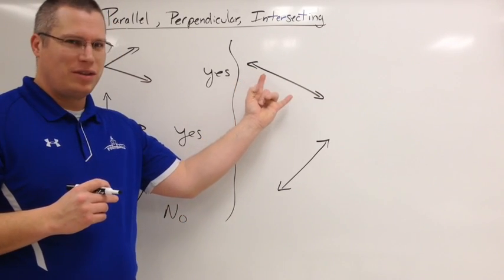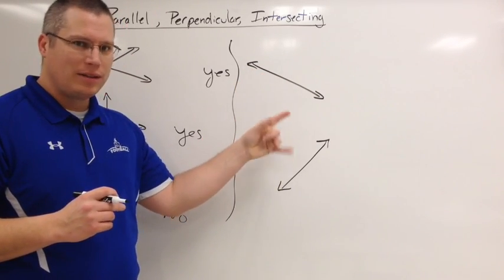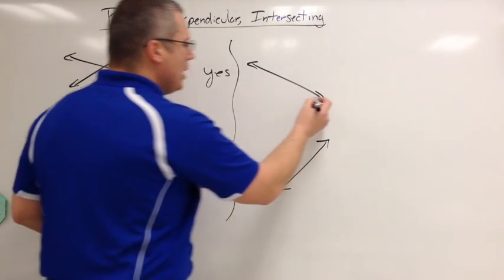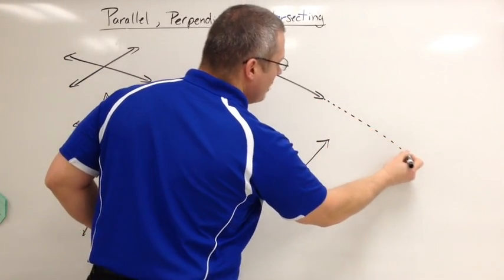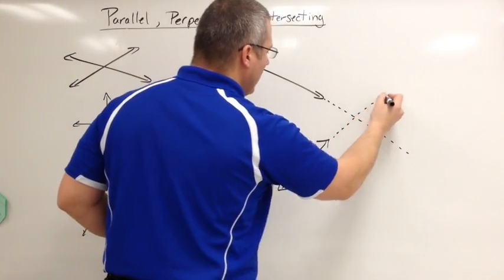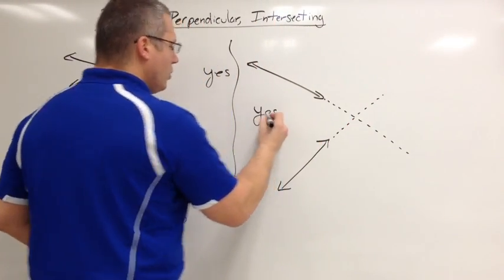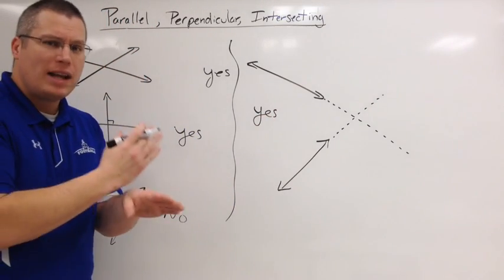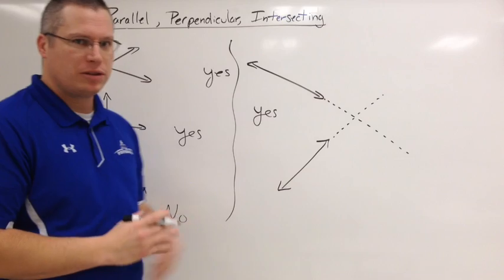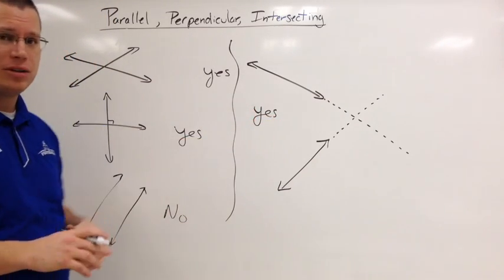So even though this isn't drawn that they intersect, because by definition lines travel forever, we know that if given the time to be drawn out, they would intersect. So even if they physically don't look like they're crossing, you must be able to project out, will they be crossing? So yes, these are intersecting lines.